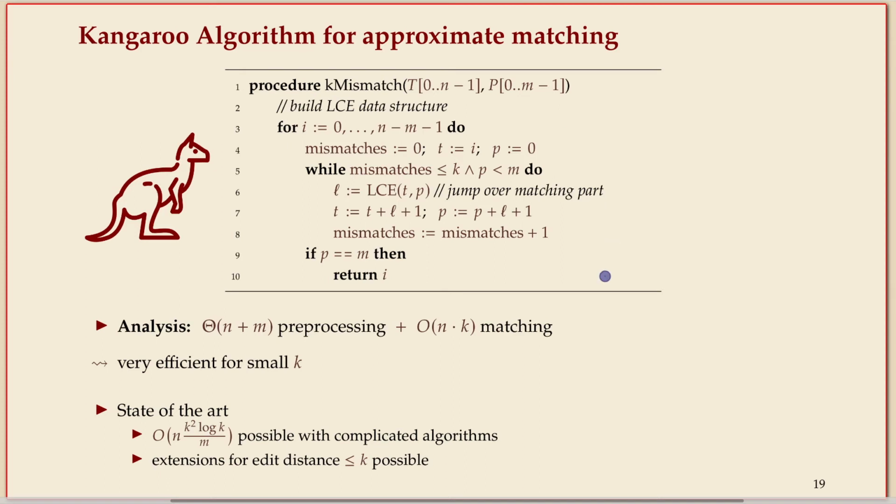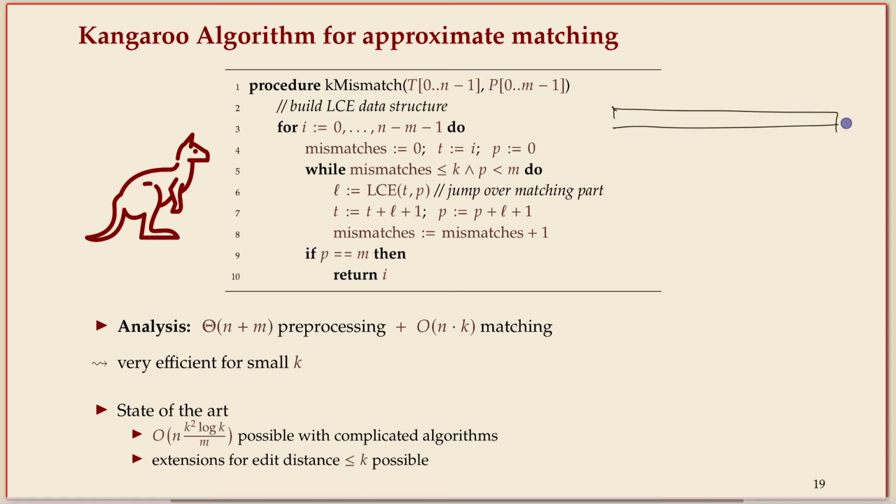So this is just code spelling out the idea I just explained. We built the LCE data structure for this combined text, again using the black box inside a black box, and we'll come back to that eventually. And then we follow the brute force algorithm, but we do jumps. So we test each position in the text.